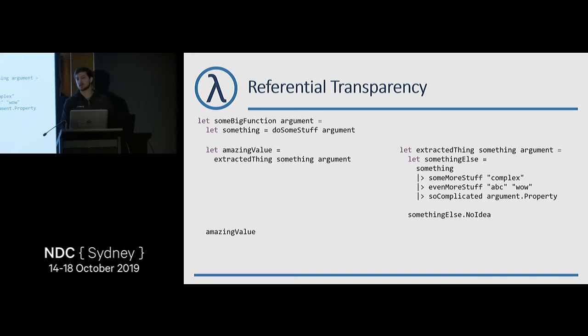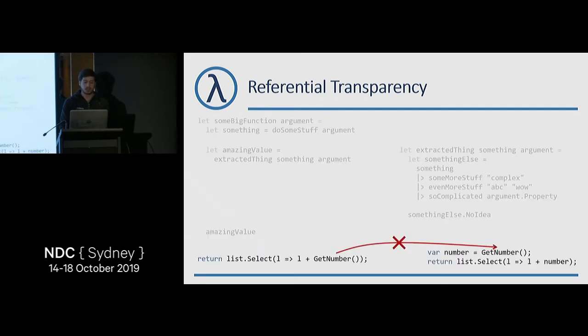Now, referential transparency only works when your code is pure and immutable. If there's impurity and mutation going on in your code, referential transparency doesn't apply. So without referential transparency, it's much harder to safely rip out and move chunks of code during refactoring without reading it all very carefully to make sure that the refactoring won't change something. So here's an example.